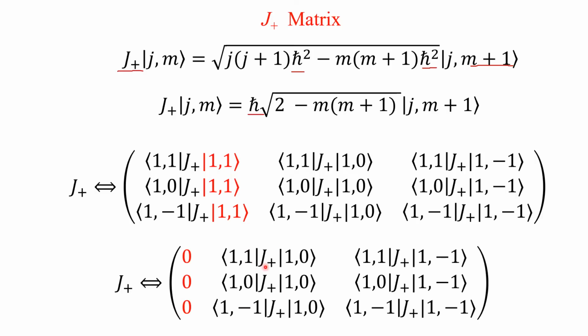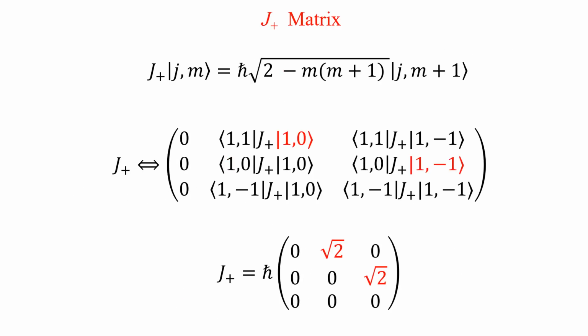Now I am operating with j plus on the other six matrix elements. We will see what will happen to this. In the case of the rising operator, when it acts on jm, just now we have seen, it will become h cross square root of 2 minus m into m plus 1, and this ket vector m plus 1.